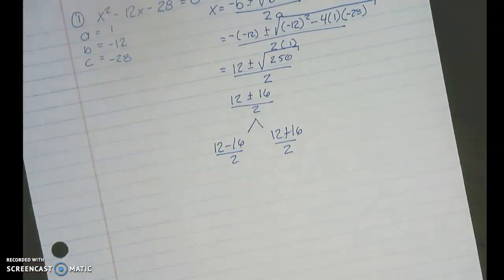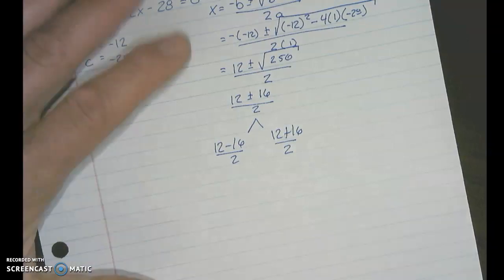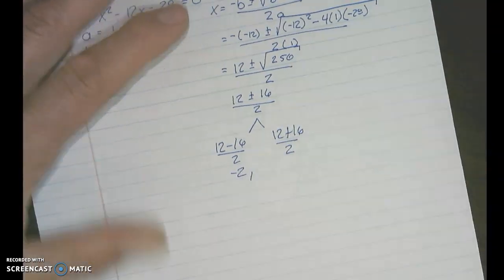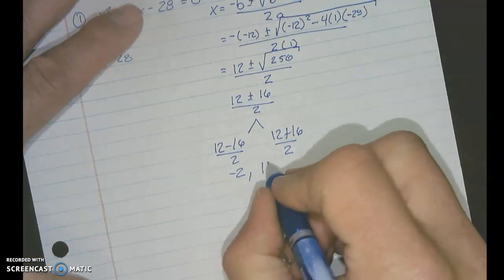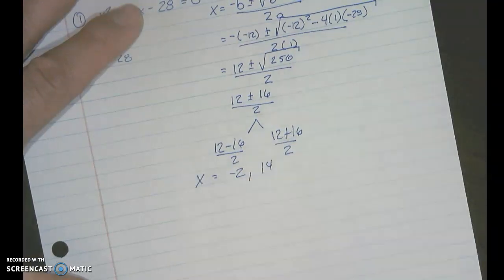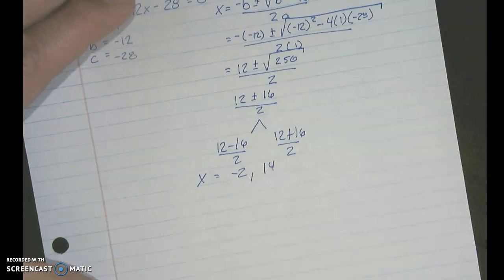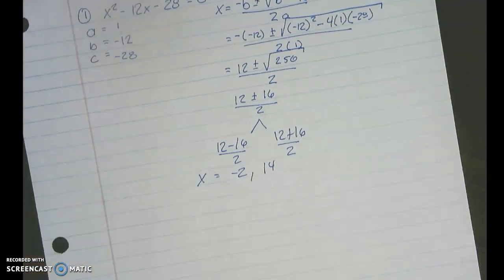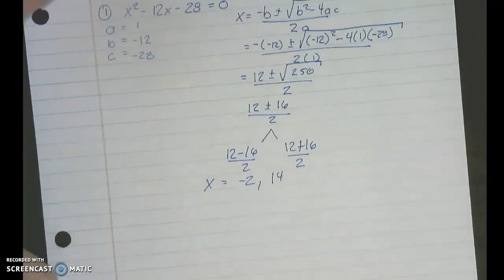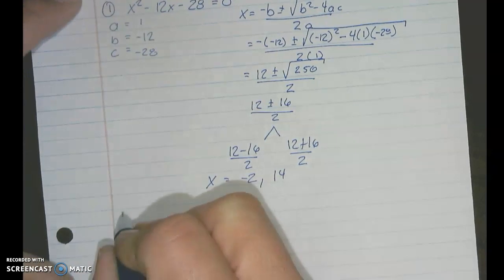Negative 4 divided by 2 is negative 2. And then 12 plus 16 is 28. 28 divided by 2 is 14. So x is equal to either negative 2 or 14. Just like that. I showed a lot of work. You can probably simplify that down yourself.